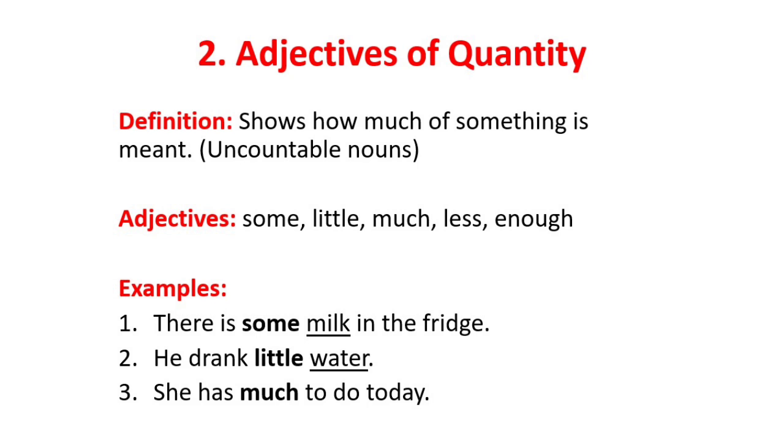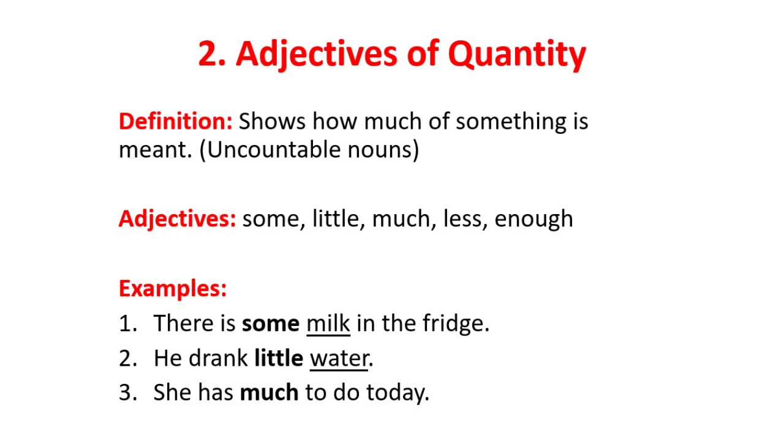So the second type of adjective is adjectives of quantity, or you can say quantity adjective. These adjectives show how much of something is meant. Usually it comes before uncountable nouns. In our first video we have seen countable and uncountable nouns. Uncountable nouns means which we can't count by numbers, like water, gold, milk.